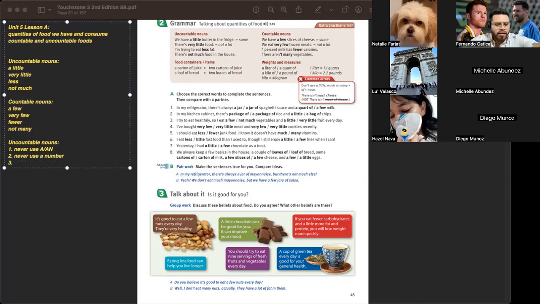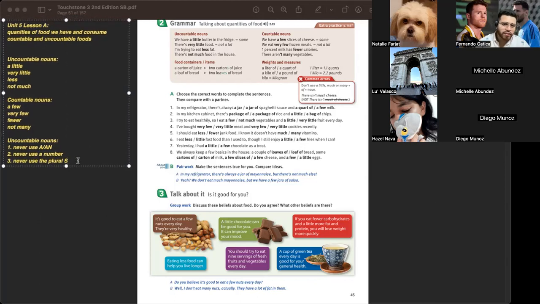And three, never use the plural s. It's impossible. For example, the word water. Water is uncountable. I cannot say a water or two water or a waters. It's not correct. It's uncountable.